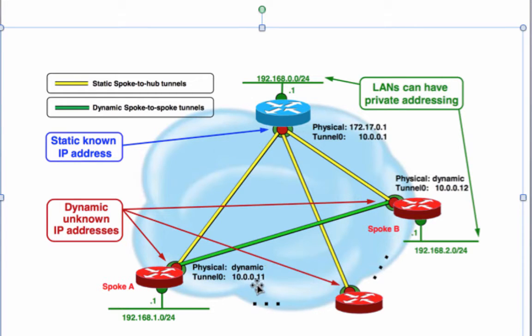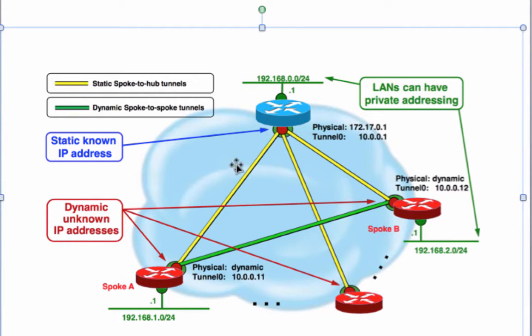And the tunnel address is static basically, it doesn't change, and you configure it on the spoke and you configure it on the hub. Why is NHRP used basically? The spoke will tell the hub what is my physical address and what is my tunnel address, their association. This mapping from the spoke to the hub basically needs to be sent in the NHRP messages.